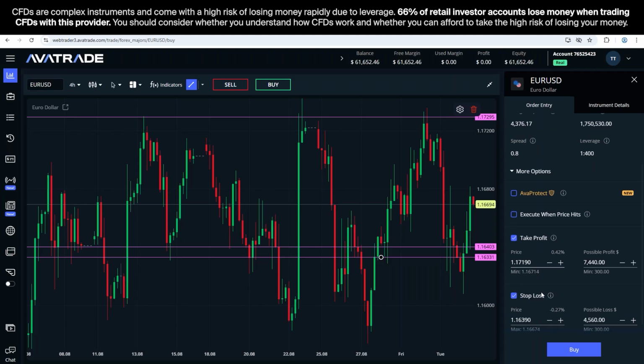So if we then take a look at 117.30 as a potential scalp move to push up towards that price, and the stop loss down here below 116.40, which would be 116.35 down here.